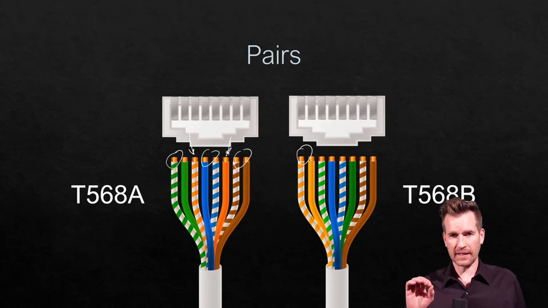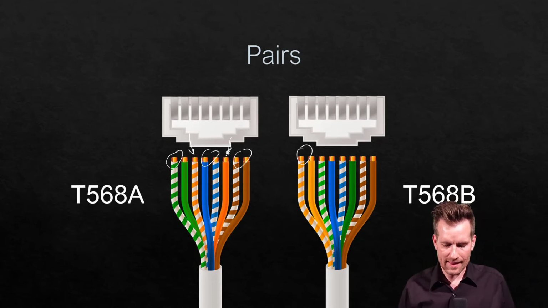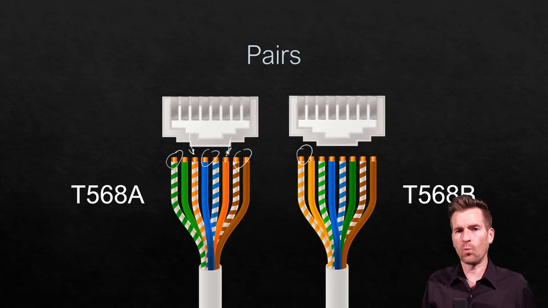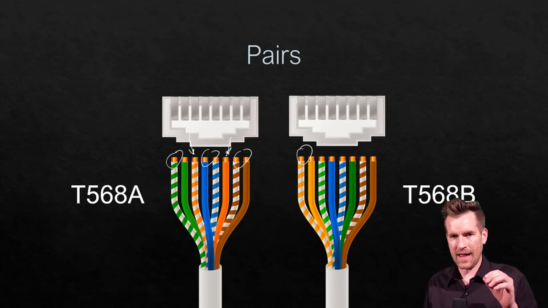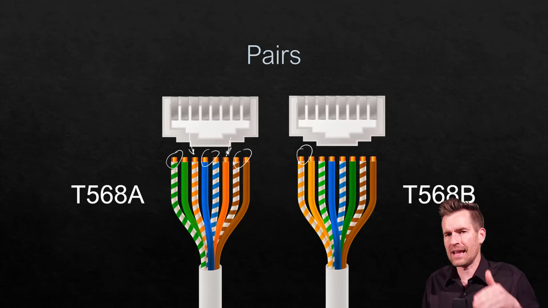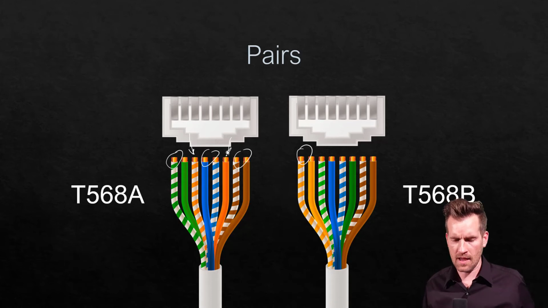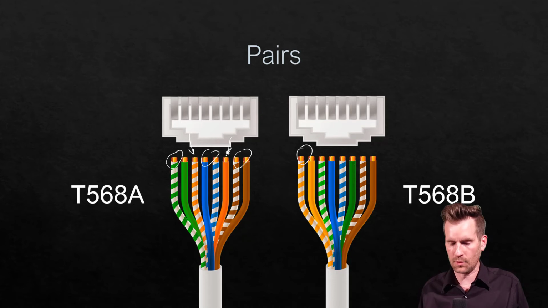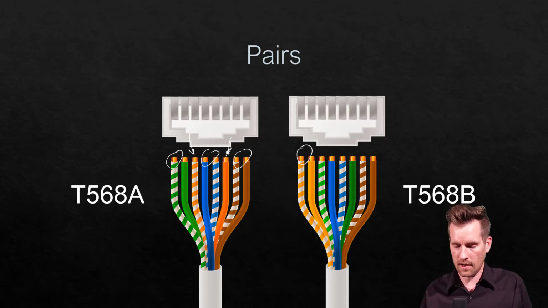And so I just want to explain a little bit about the background of why that's the case. One thing that has happened in the past is that we've used some of these same connections for phone systems. And the phone systems traditionally just need 2 conductors, 1 pair, to operate.